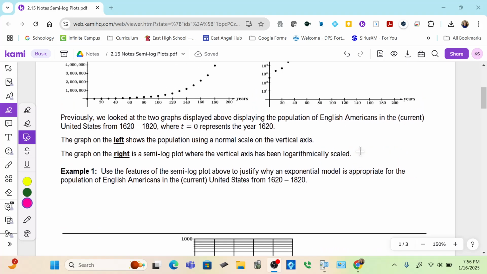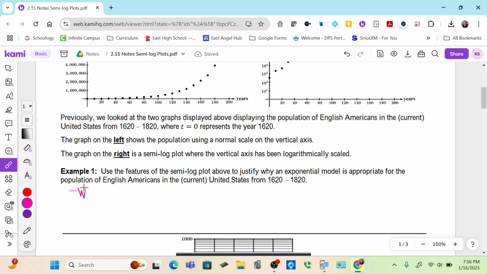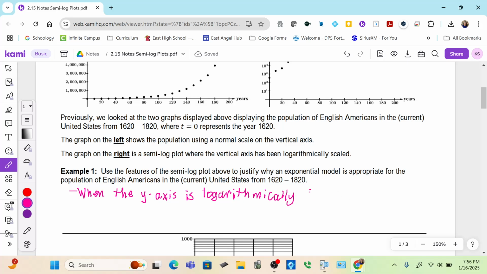It's as simple as saying, when the y-axis is logarithmically scaled, the data appear linear.